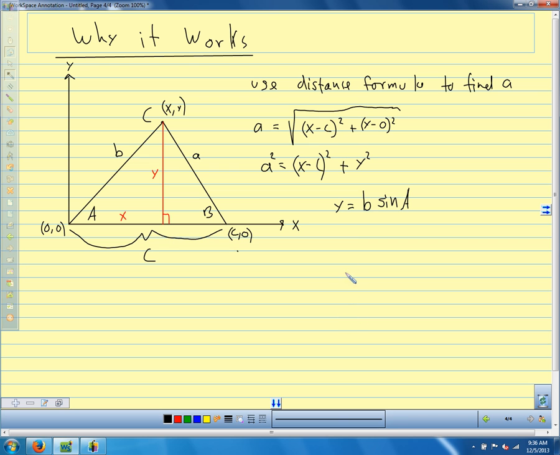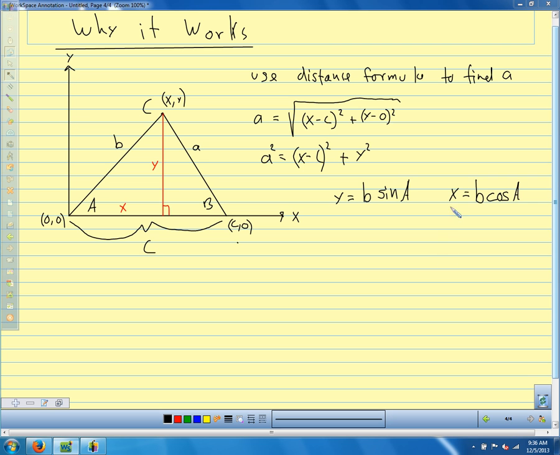Using that same idea, how would we find x? This is the adjacent side, and this is the hypotenuse. So x would be b cosine A. Now we're going to substitute these in to our equation.